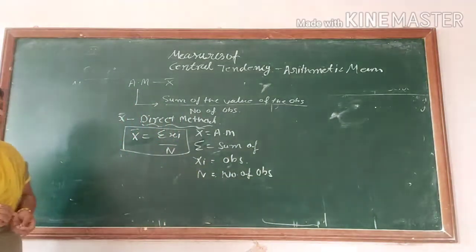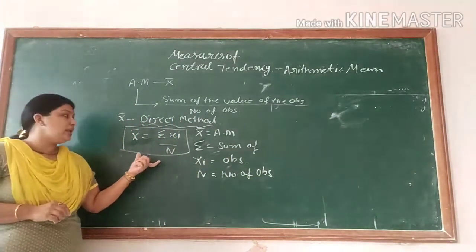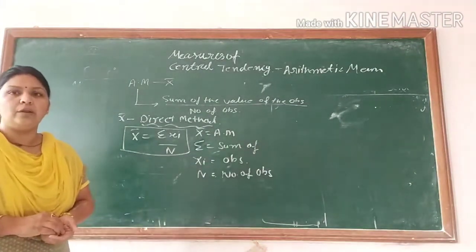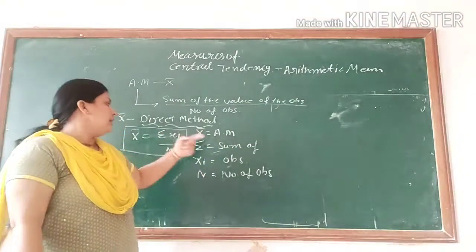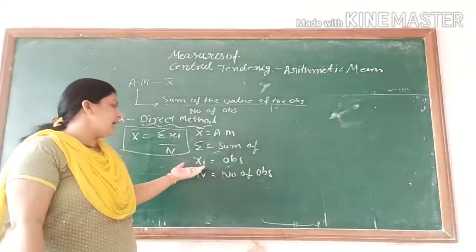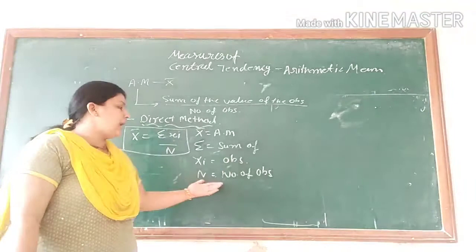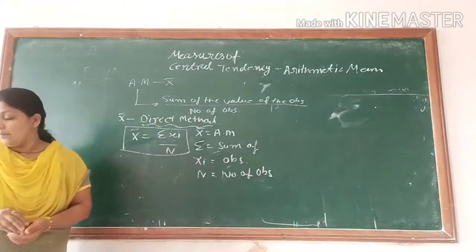Clear? So this is the formula x bar equal to sigma xi upon n, and here x bar equal to arithmetic mean, sigma equal to sum of, xi equal to observation, and n denotes the number of observations.